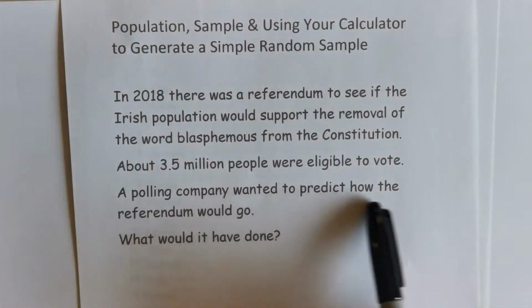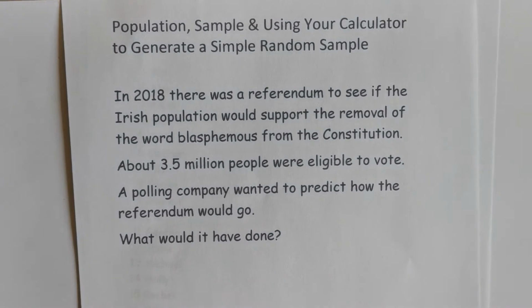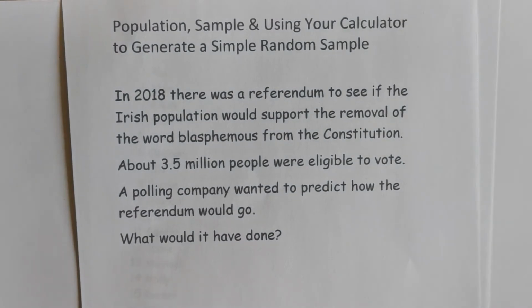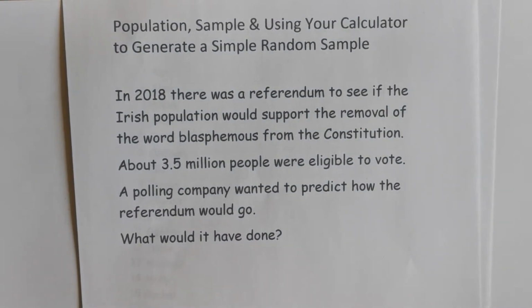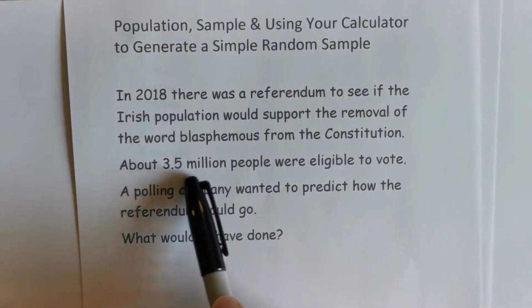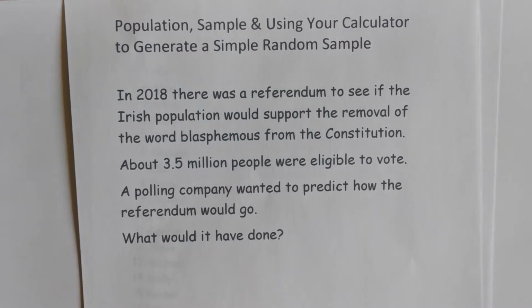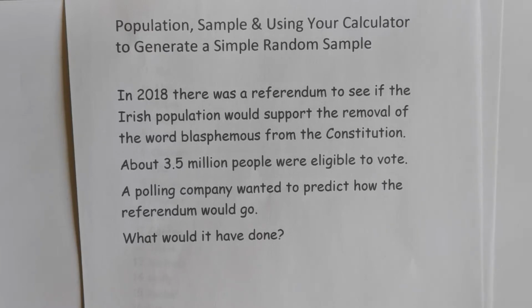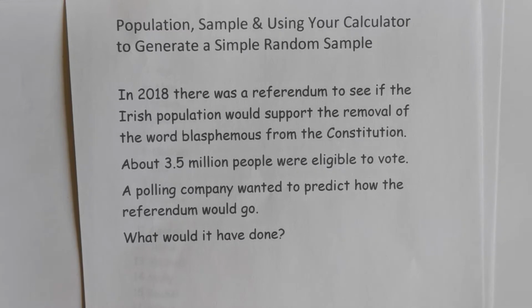So the polling company wants to predict how the referendum will go before the actual referendum. One thing it could do, I suppose, in theory, is go and interview all of these 3.5 million people and say, what way are you going to vote in the referendum? But it isn't going to do that. Take a second, pause the video, and think, why is that not going to happen?